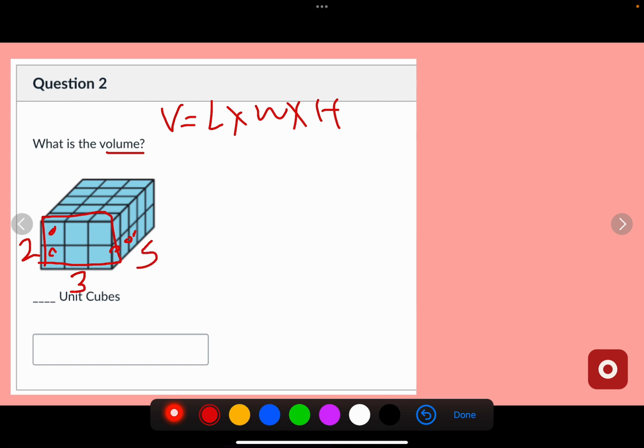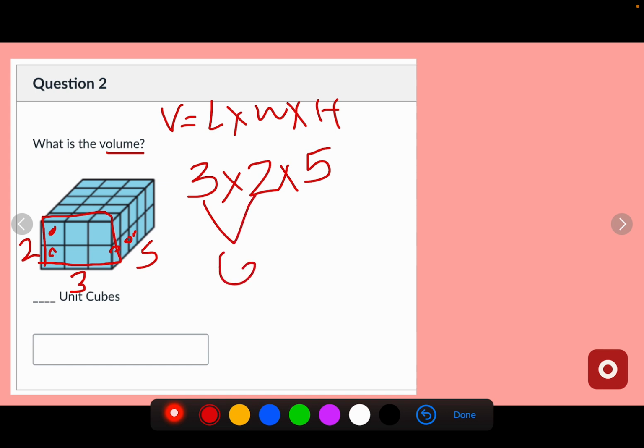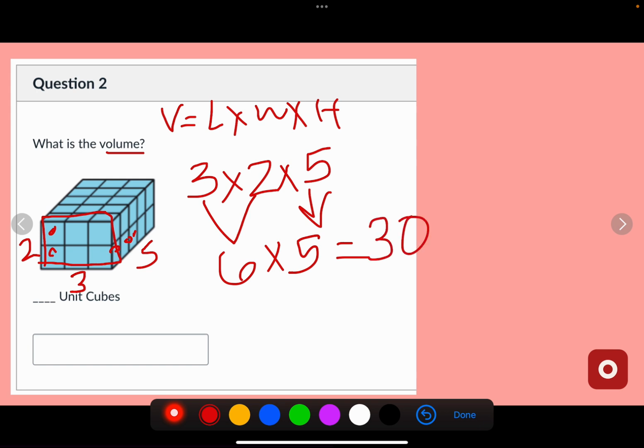When we put this in our formula, we say 3 times 2 times 5. All right, so 3 times 2 is 6. Then 6 times 5 equals 30. The volume of this is 30 unit cubes.